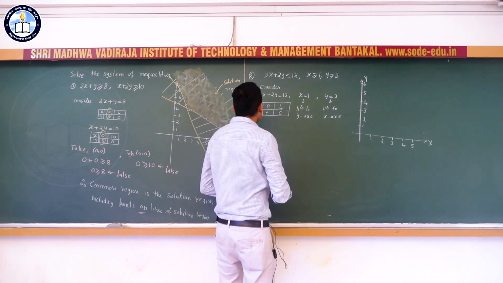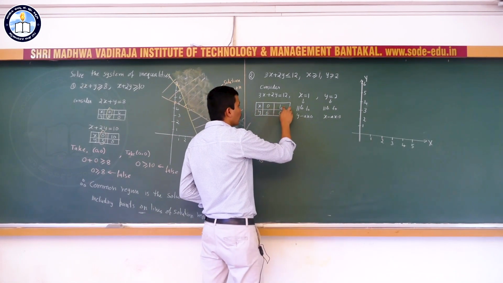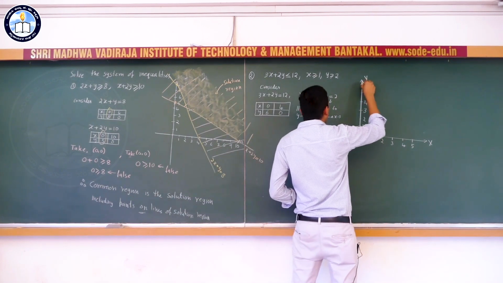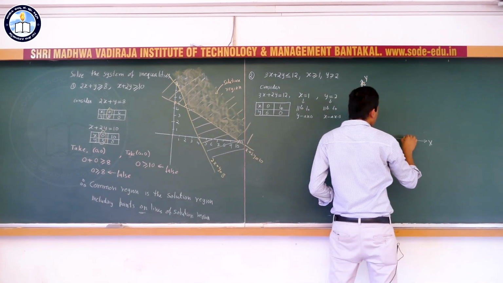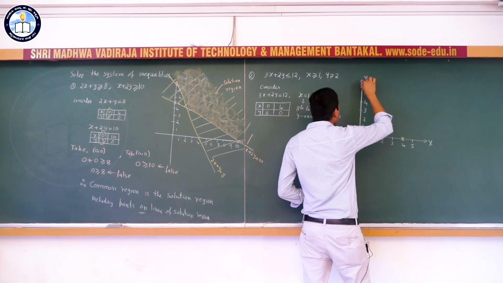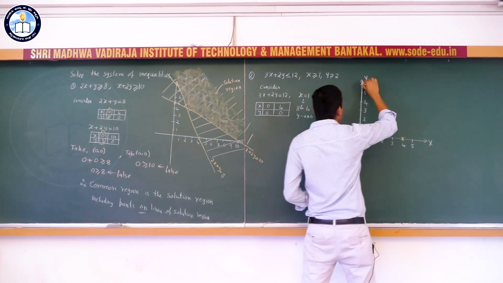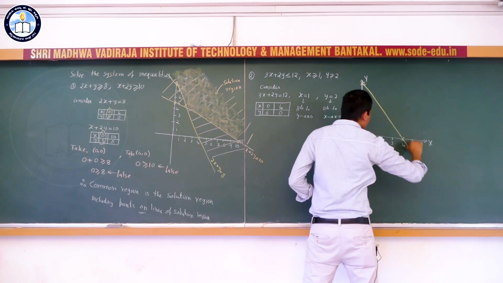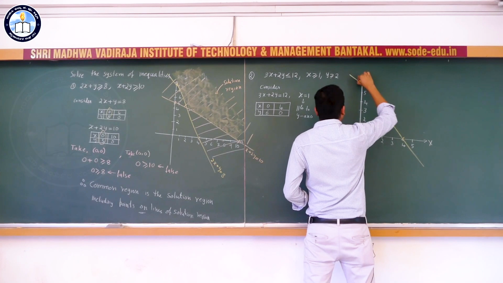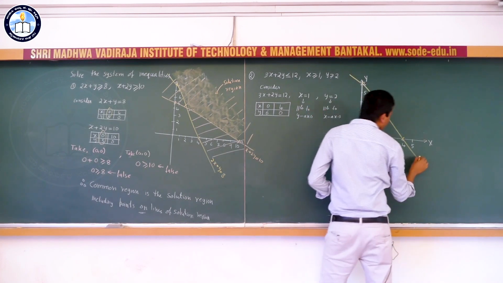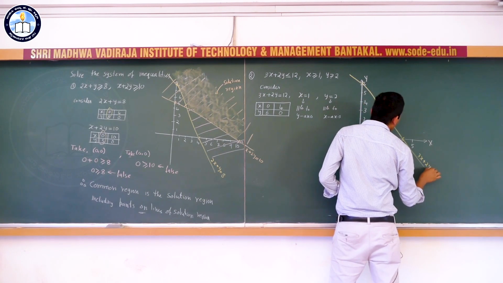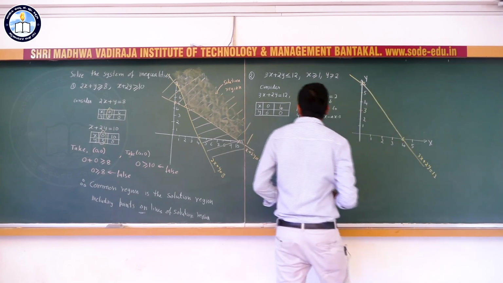To draw the first line, 0, 6 and 4, 0. So 0, 6 is on the y-axis, and 4, 0 is on the x-axis here. I'll join these two. Once again slack, so I need to draw a full line. And what's the name of that line? It is 3x plus 2y equal to 12, correct?